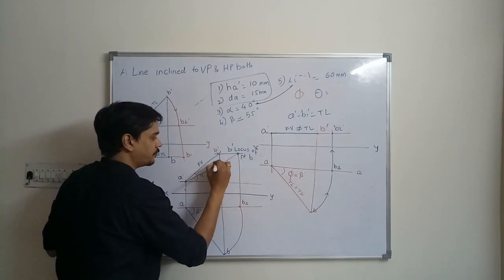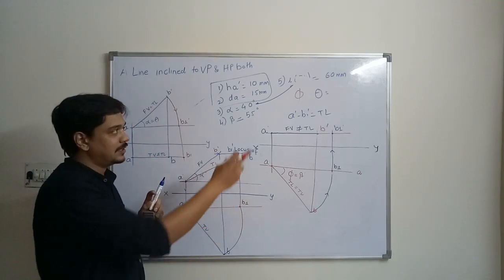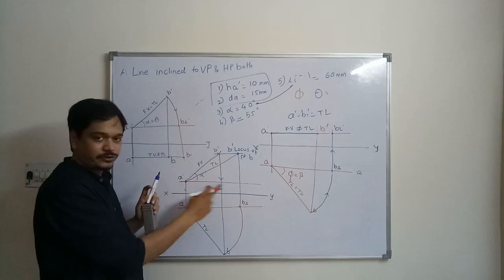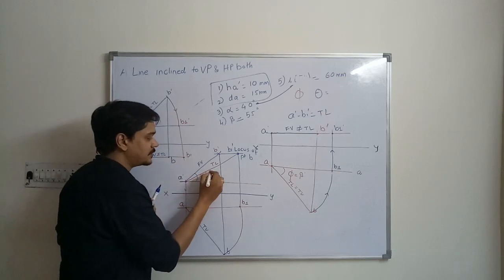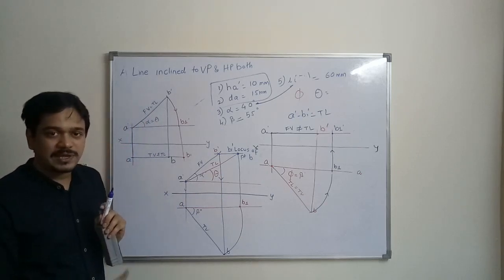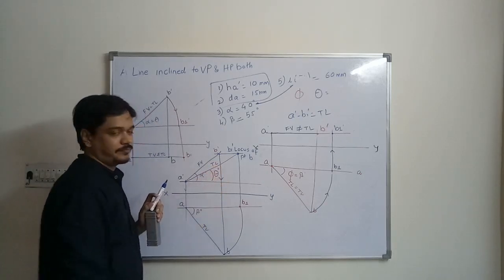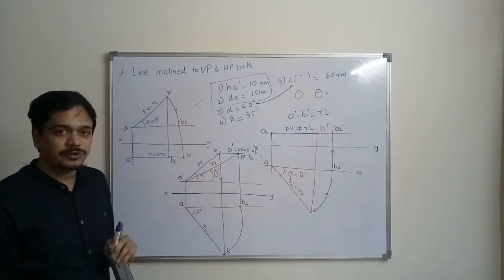So what is theta? It is the inclination of true length with the horizontal plane. So basically this angle will be termed as theta. You have to measure the angle. So this is theta degrees, the inclination of true length with the horizontal plane.